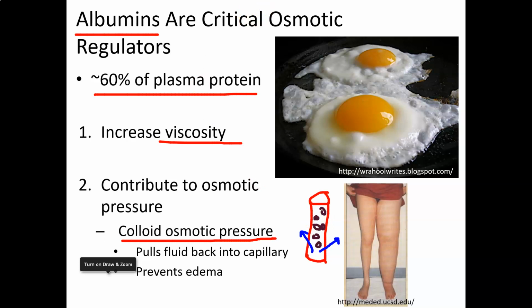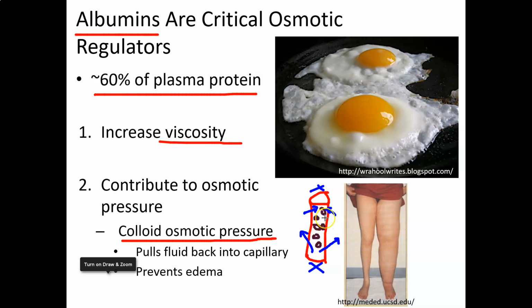And what they do is they have an osmotic gradient. So anything dissolved would have an osmotic pressure. What they do is they tend to pull not all, but a little bit of the water back into the capillary. So there's always in a capillary normally a net loss of water. So we don't have as much water here as we started with here. There is some loss, but a portion of the water is returned.